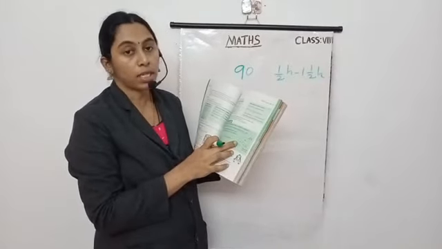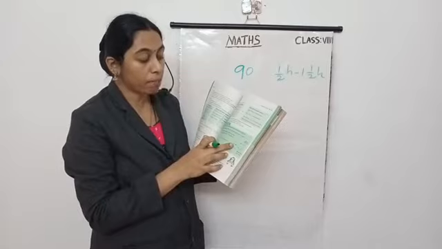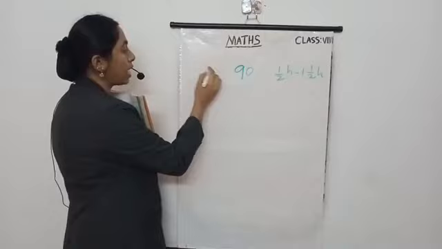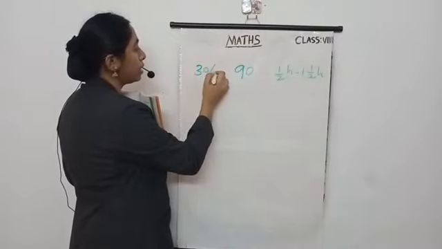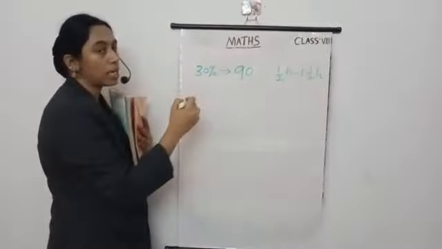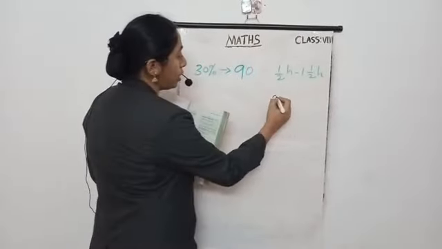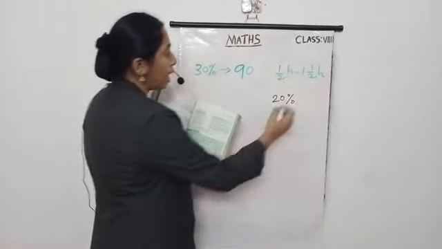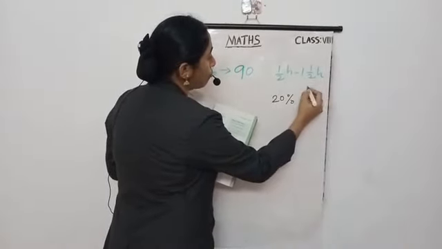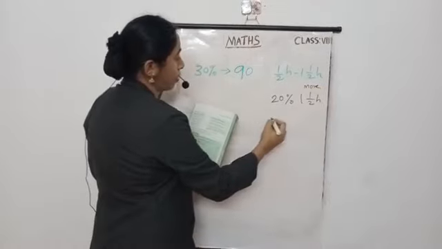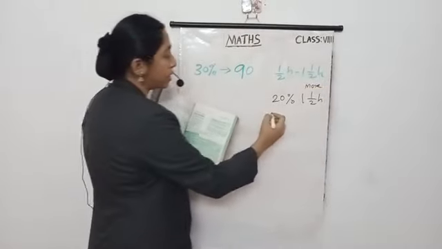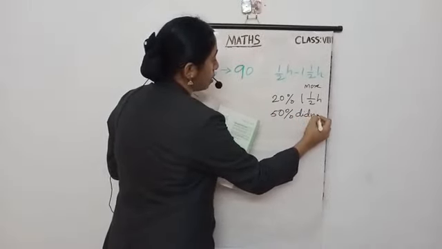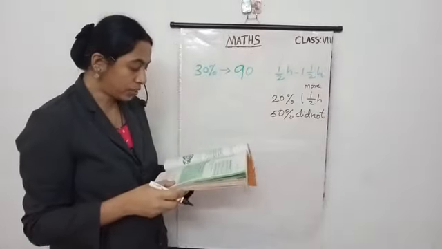How much percentage? 30% helped half hour to 1.5 hours. That is, this 90 is 30% of the total surveyed parents. Now 20% helped more than 1.5 hours. And 50% did not help at all. Okay.